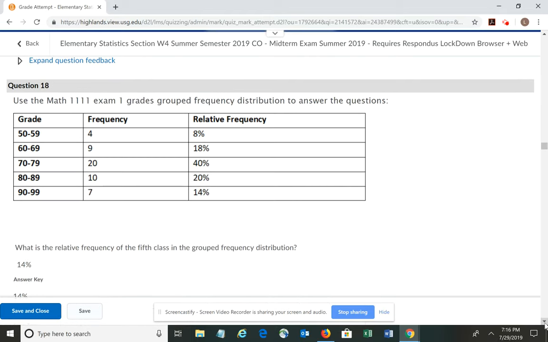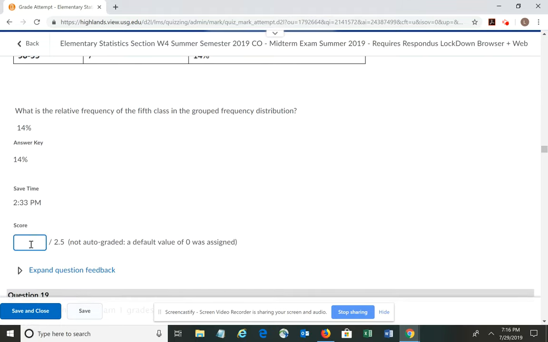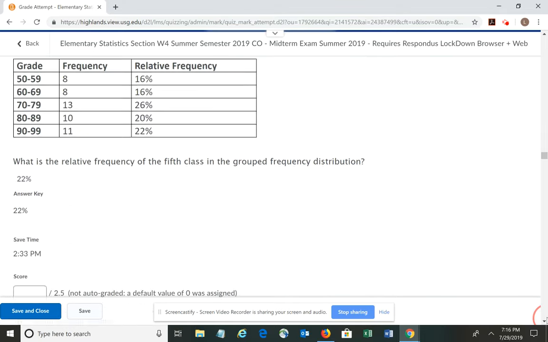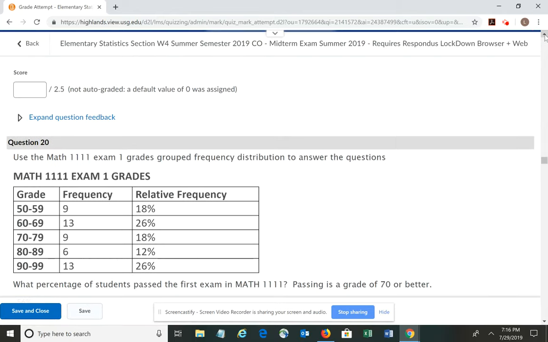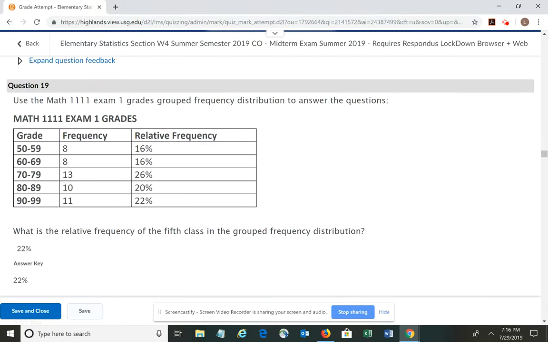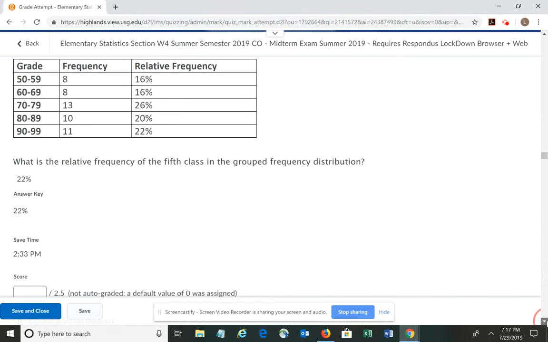Okay, question 18. What is the relative frequency of the 5th class? It's 14%. The student got it correct. I award the 2.5 points. Sorry about that. The relative frequency of the 5th class, I think that was where we were. Let me double check. Yep. Is 22%.